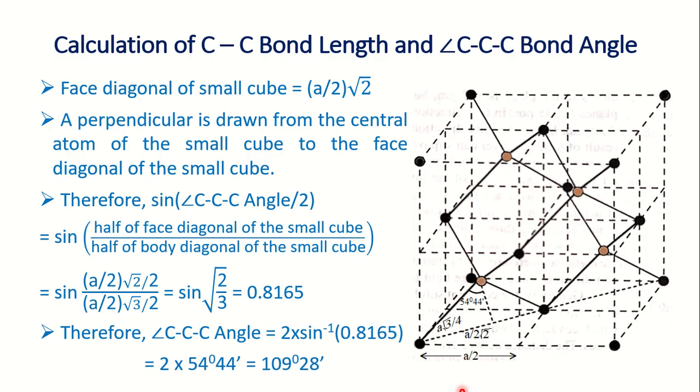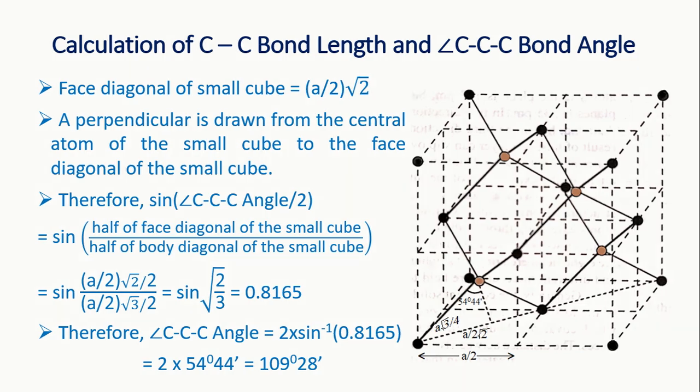So the carbon-carbon-carbon bond angle is 2 into sine inverse of 0.8165. The sine inverse of 0.8165 is 54 degree 44 minutes, and the double of that is 108 degree 88 minutes. 60 minutes means 1 degree, then left is 28 minutes. So 108 plus 1 degree, that is 109 degree 28 minutes. So the bond angle is also calculated from this XRD data. Keep it in your mind.